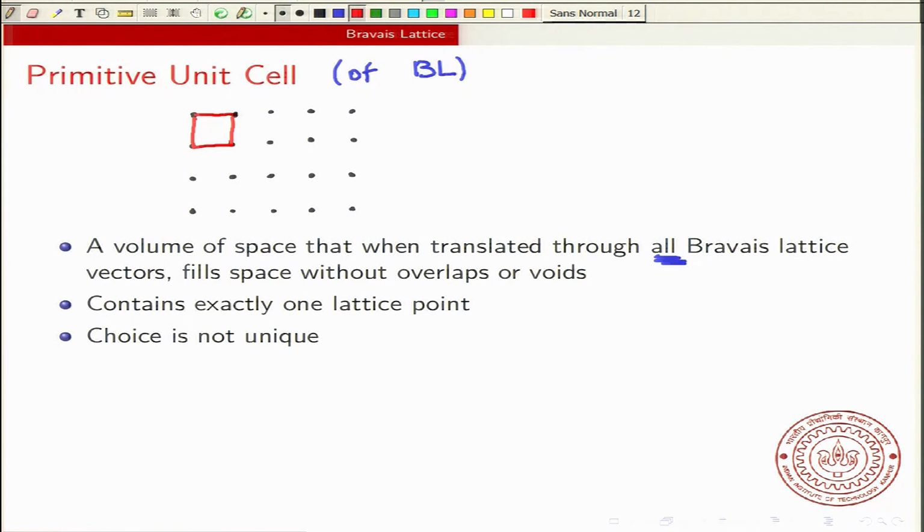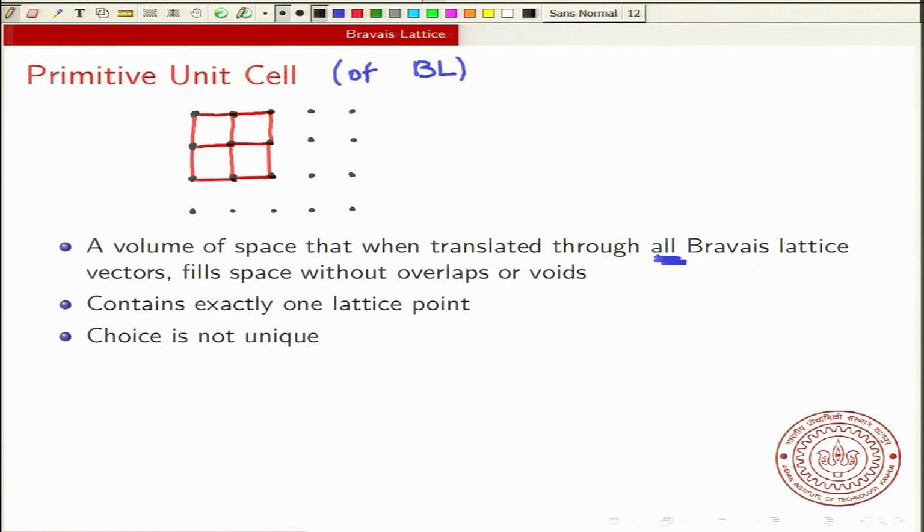This contains exactly one point. You can see that each of these lattice points contributes 1/4 to this cell, because they are part of four of these cells. If I take this cell and translate it by multiples of the primitive translation vectors, then I will fill up the entire space without any voids, vacancies or overlaps. So, this is one choice.